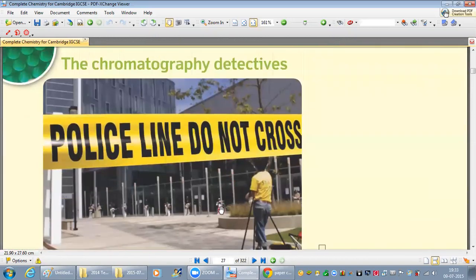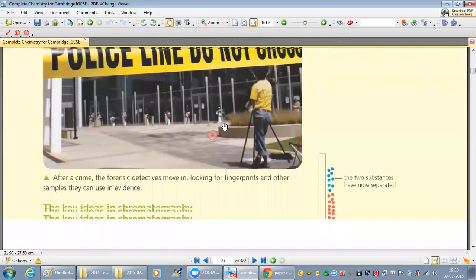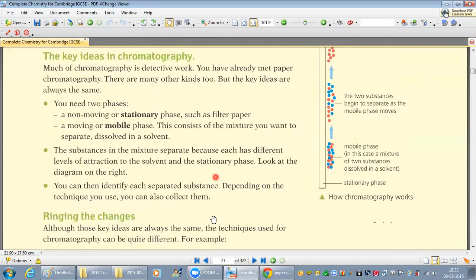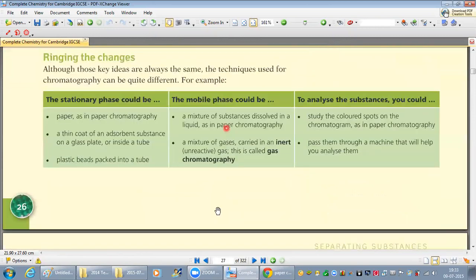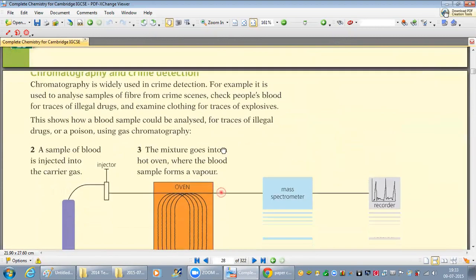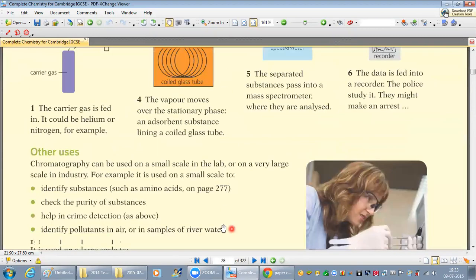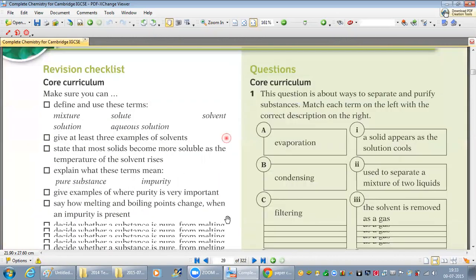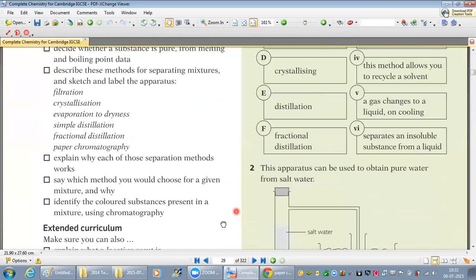It is even used in detection purposes in crime when a very small amount of sample is available. This all is additional part. So that ends this particular topic.